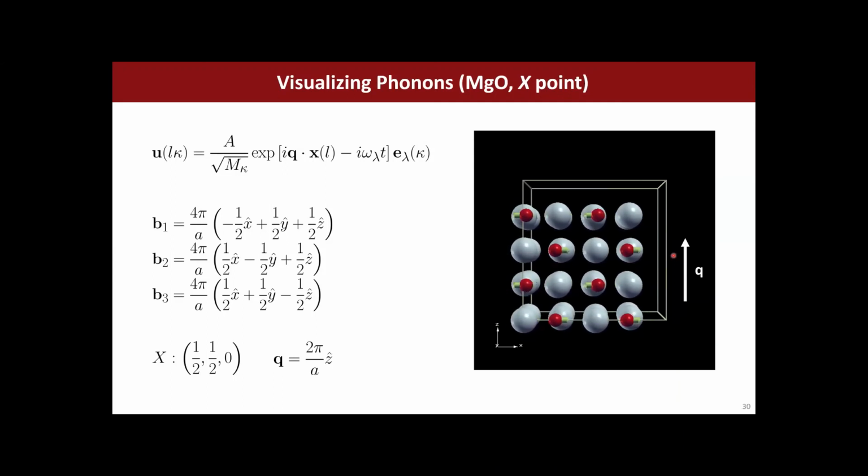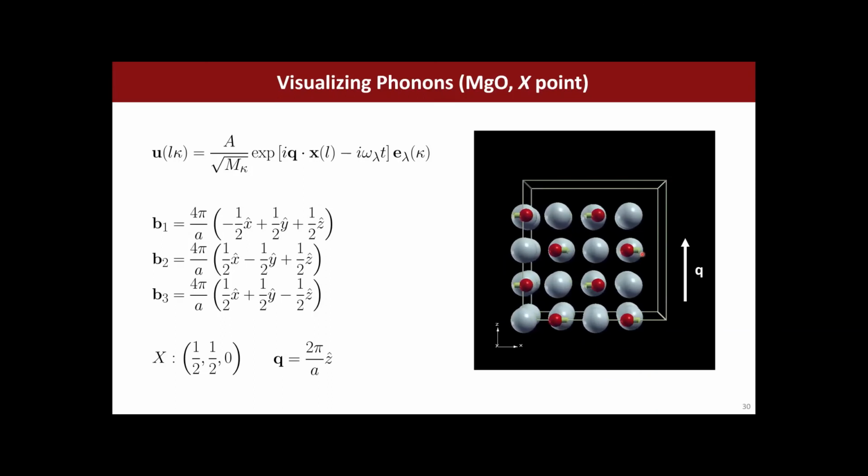This one here is also a transversal mode, but here we see that the oxygen in red are out of phase with the magnesium. If you focus on the one behind, you see that the oxygen is moving out of phase to the magnesium.